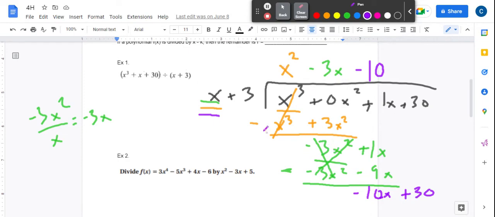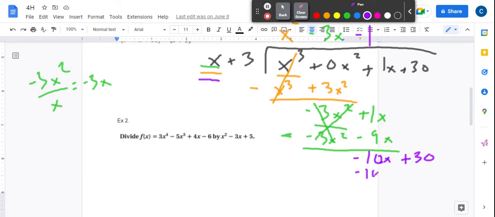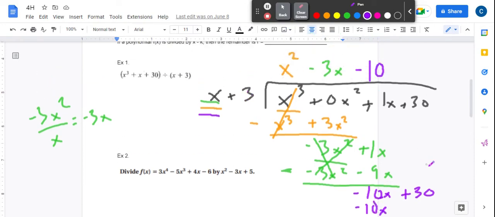So negative 10x divided by x is negative 10. So now we'll distribute the x plus 3 through the negative 10. So x times negative 10 is negative 10x. 3 times negative 10 is negative 30.